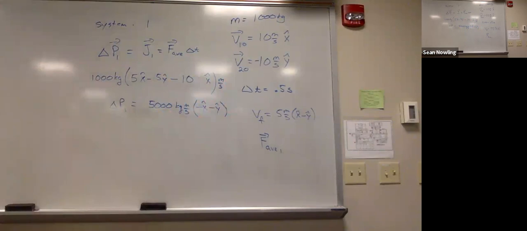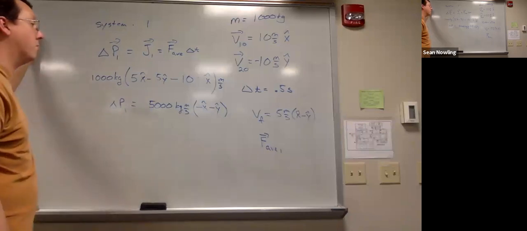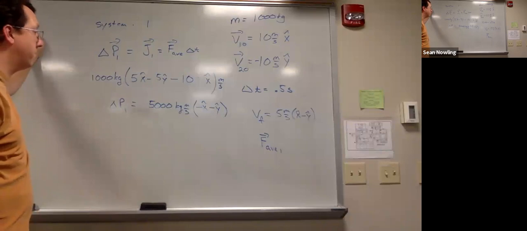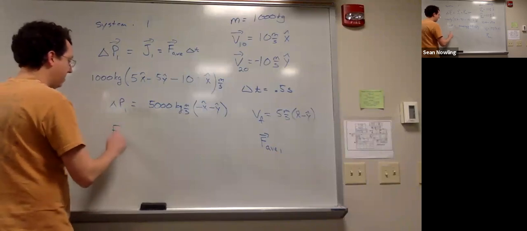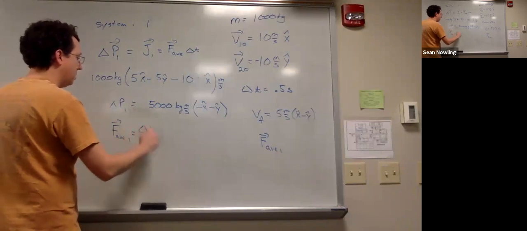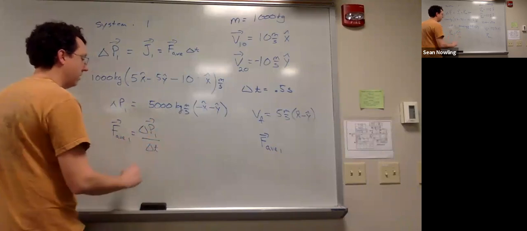Okay. That's the change in momentum of car 1. That must equal the impulse on car 1, or turning it around, the average force on car 1 would equal the change in momentum of car 1 divided by the time of the collision.